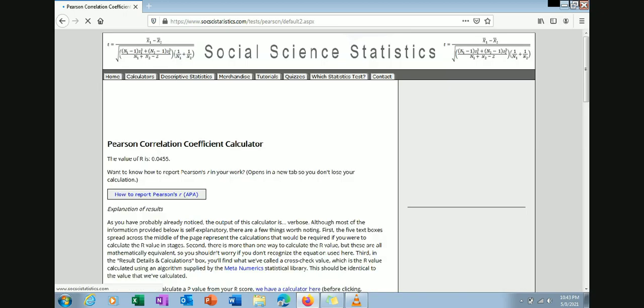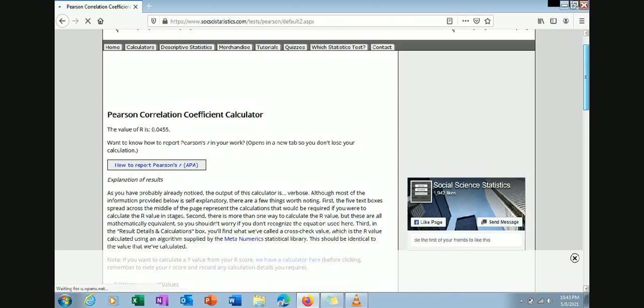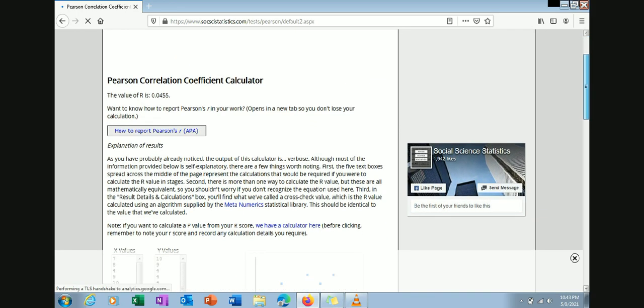Mag-antay lang po tayo. Then, ito na po. The value of R is 0.0455. So, yun po yung nakuha nating Pearson correlation.